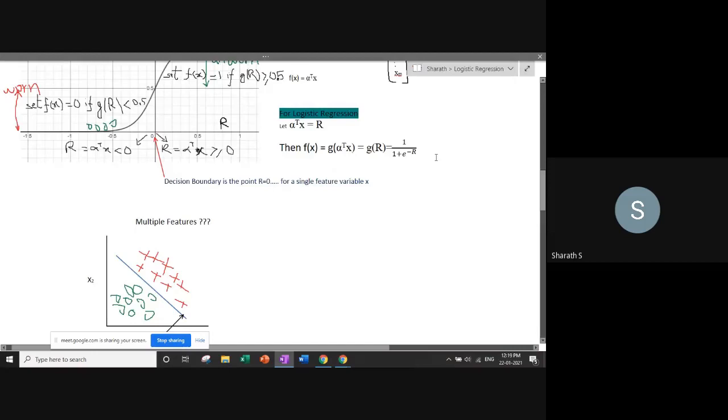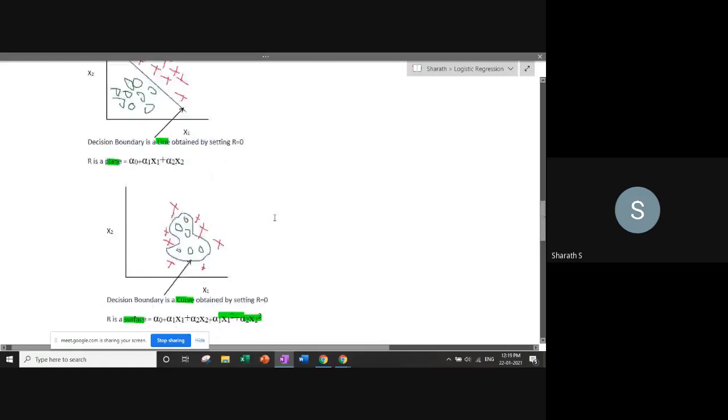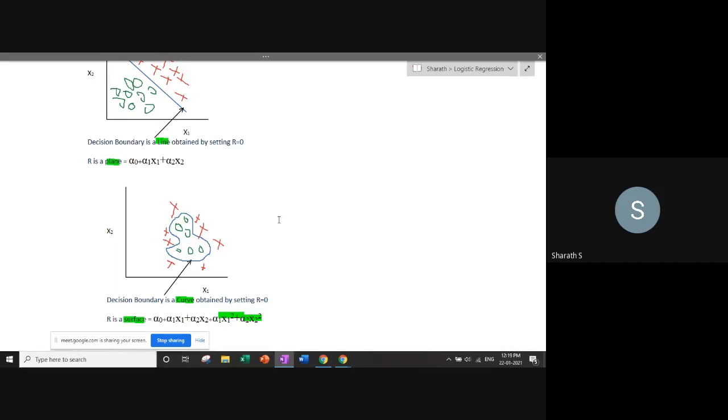And when x's are higher order, you get a polynomial fit in the linear regression problem, and you get a nonlinear decision boundary in logistic regression. That's how you can differentiate between linear regression and logistic regression, and how you are extending the linear regression problem to the classification problem.